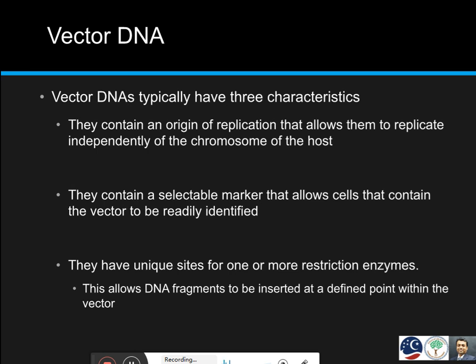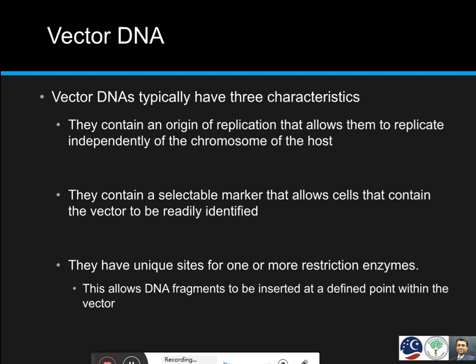The vector DNAs will have some common properties. They can replicate within the host cell. They will have some other genes that function as a selectable marker, helping us to identify the plasmids or this recombinant DNA in the host.